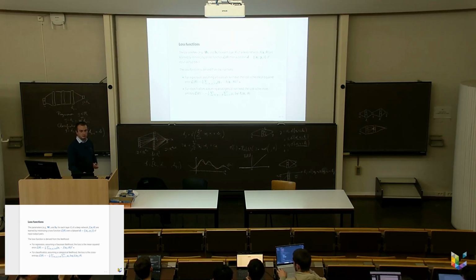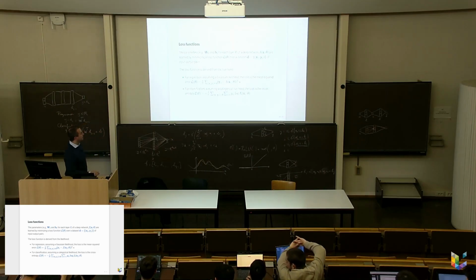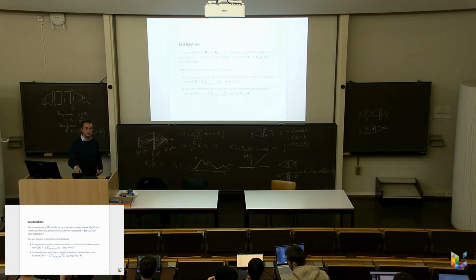And for classification, if you assume now not a Gaussian likelihood because it would not make any sense for a classification problem, but a categorical likelihood, then we have the same setting as before for the logistic regression unit, and you would obtain as a loss the cross entropy, which in the case of multi-class classification, so you have C classes, would reduce to this expression.